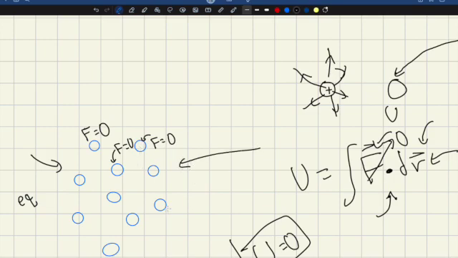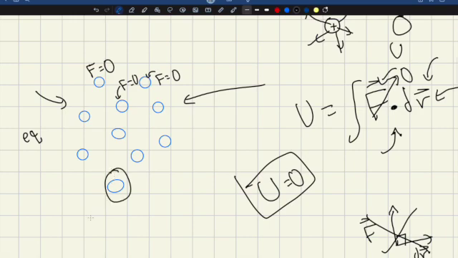If we're pulling this particle from infinity to here, we want the force at every point on the path it takes to be zero, so that the potential energy can end up being zero.